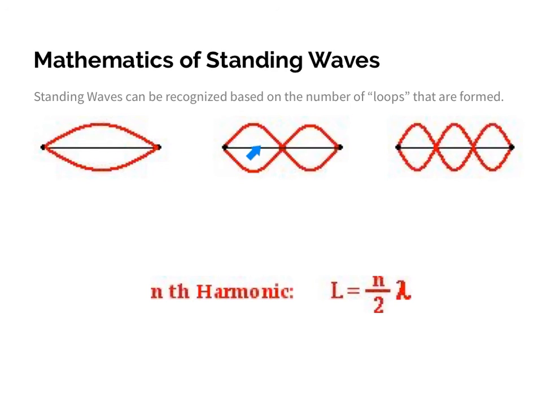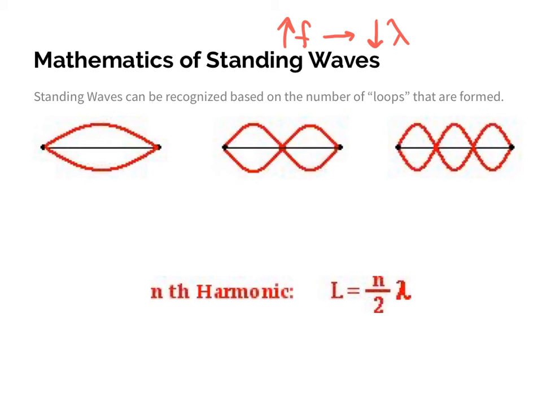And as we get to higher standing waves, the frequency is going to increase. But there is a relationship between frequency and the wavelength. And remember that as long as they're in the same medium, there's an inverse relationship between them. An increase in frequency will cause a decrease in the wavelength.